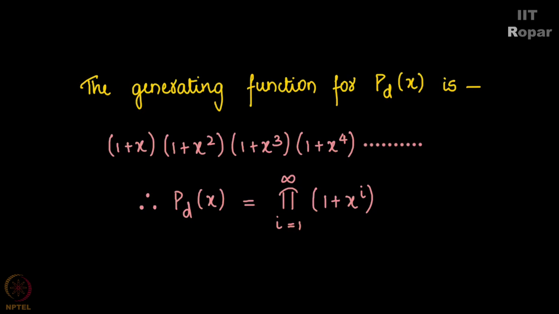If I take the summand 2, then the corresponding generating function will be 1 plus x square. Now, corresponding to 3, it is 1 plus x cube. So, the generating function for PD of x is 1 plus x into 1 plus x square, and so on. This product will give the generating function.